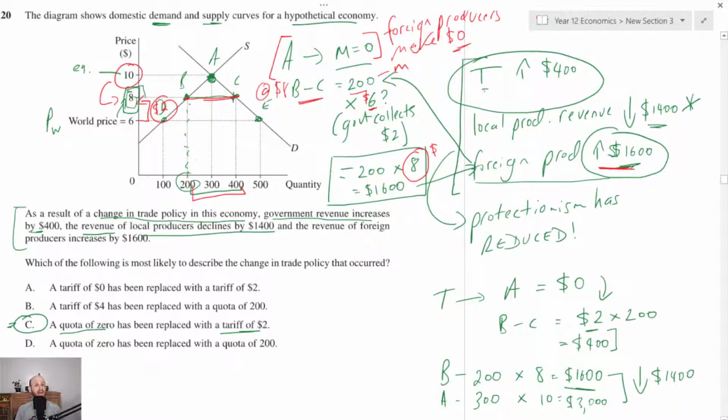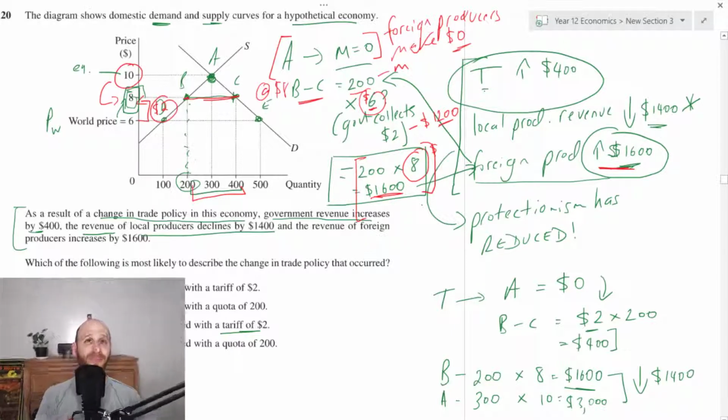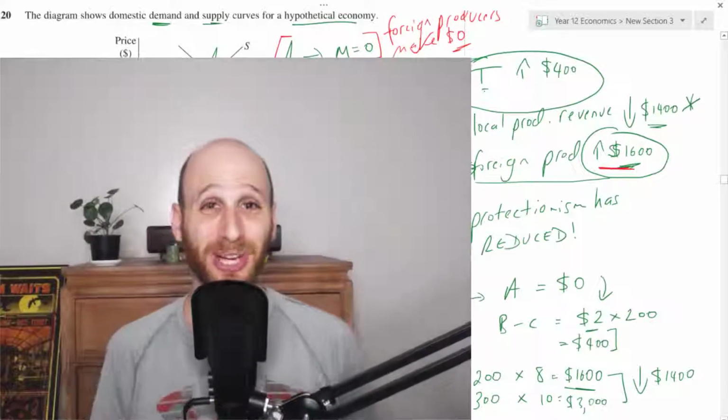So they've somehow ended up selling for that price and they can then earn 1,600. But I think that if they are selling at $8, they only earn 6, and foreign producer revenue would increase by 1,200 and not 1,600. But the answer here is about 1,600. Okay, pretty tricky, I know.